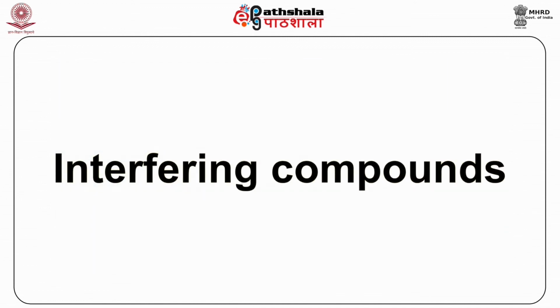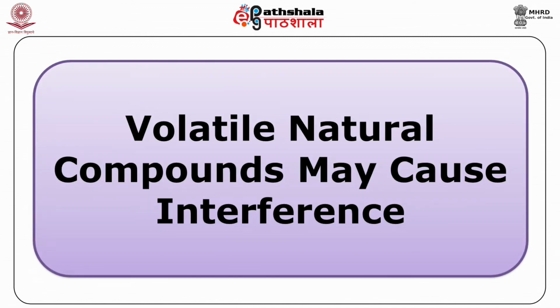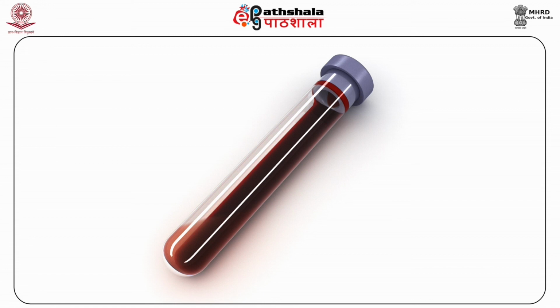Next is interfering compounds. There are some volatile natural compounds which may cause interference. NHTSA revealed in its study that diabetics and dieters may have acetone levels in their blood even thousands of times higher in comparison to others.